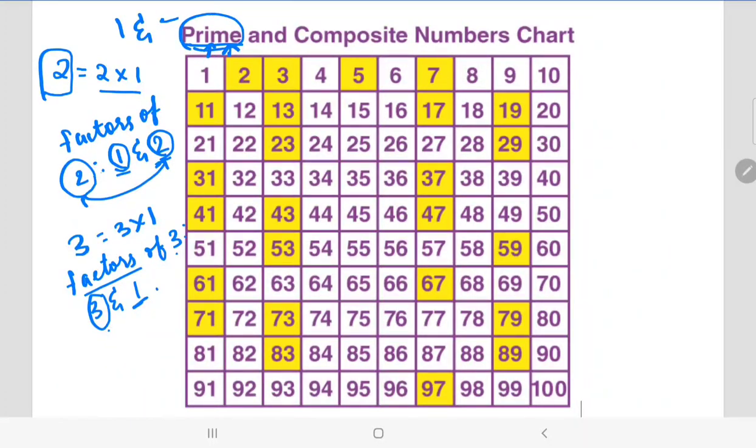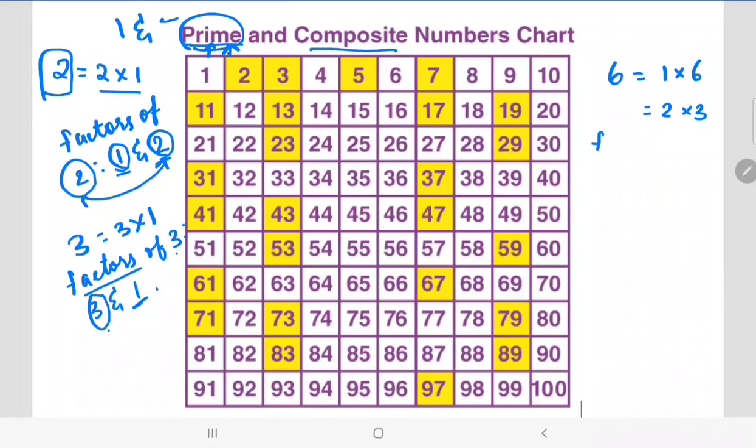Coming to composite numbers, any number that has more factors. For example, if I take 6, I can write 6 as 1 into 6. I can write it as 2 into 3.